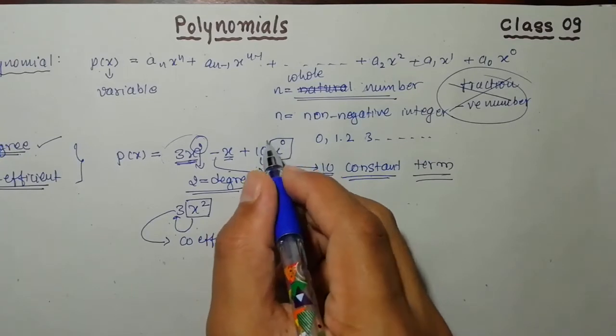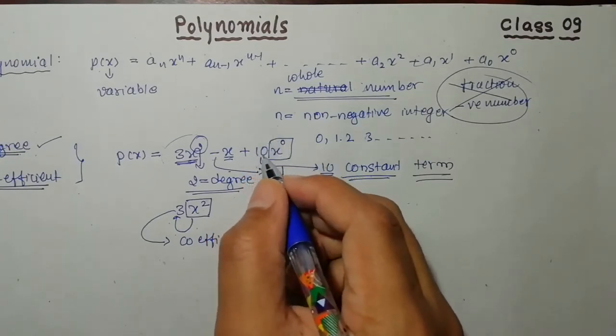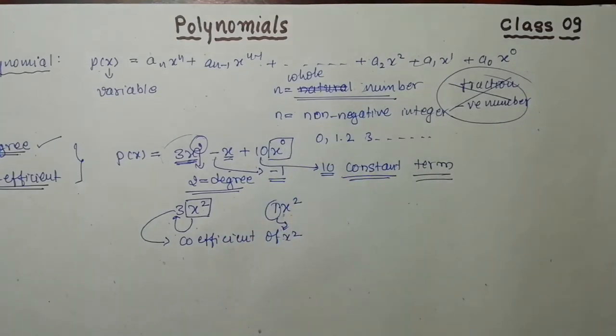So it is also called the constant term or coefficient of x power 0. These are the two important things regarding polynomials: degree and coefficient. Go through the notes and once again look at the definition and examples, and then it will become very clear for you.